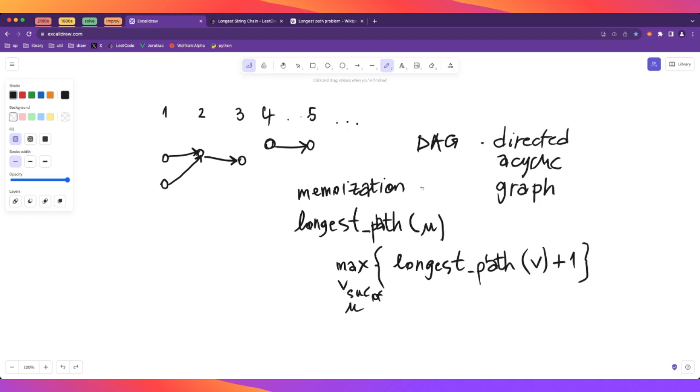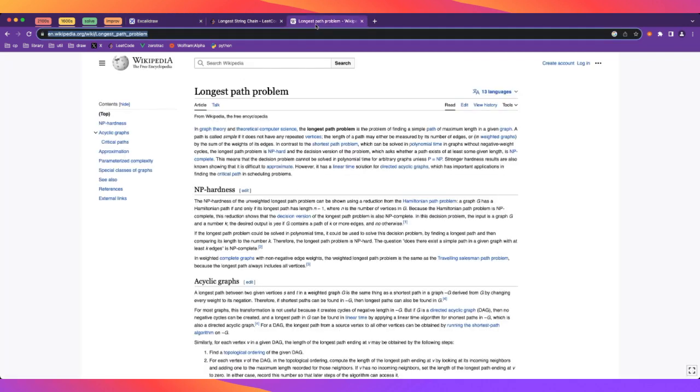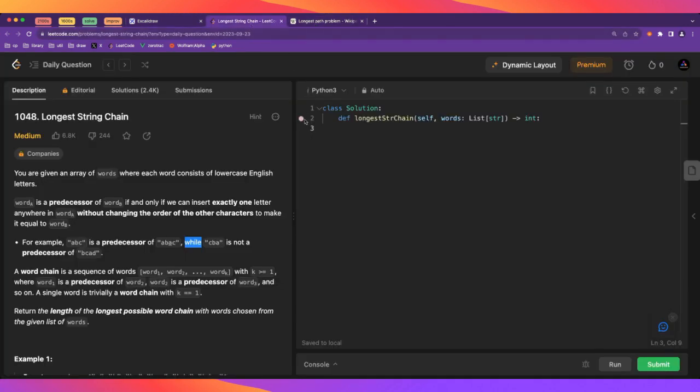So there are n nodes, so that's how we denote the size of the graph. So there are going to be n subproblems here, and if we use memoization, we're going to solve n subproblems.